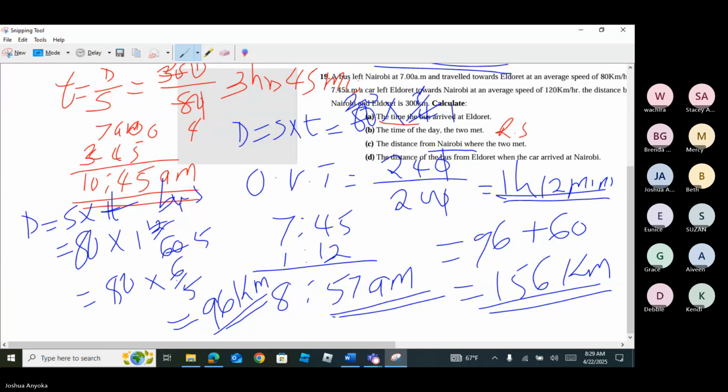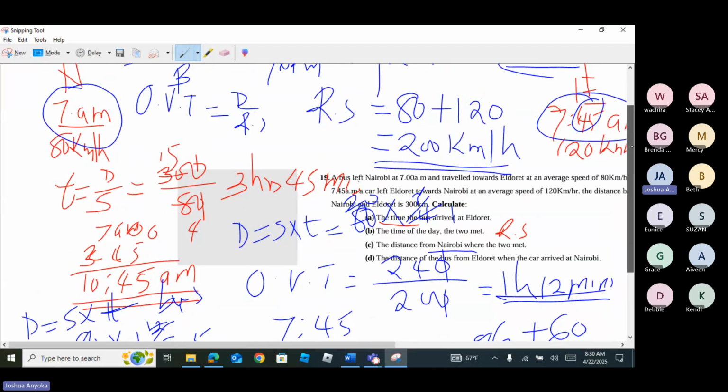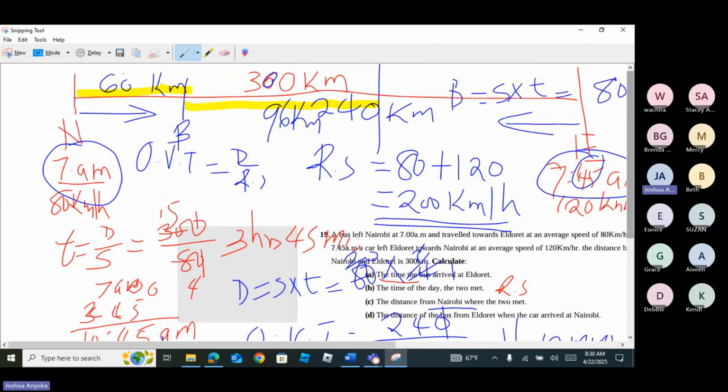Part D, the distance of the bus from Eldoret when the car arrived at Nairobi. Let's start reasoning on this one.